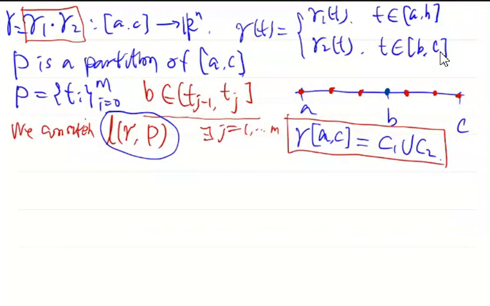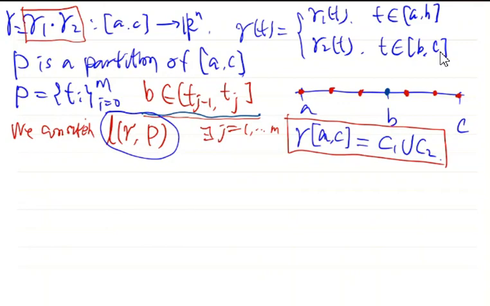Now we construct the curve gamma, joining the two curves gamma 1 and gamma 2. We obtain a parametrization gamma of our curve C1 union C2, and then if P is a partition of this interval, we must assume that B belongs to one subinterval Tj minus 1, Tj.